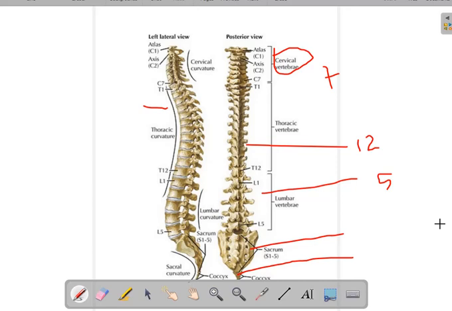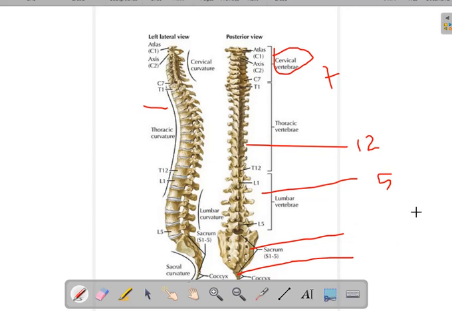This is the vertebral column formed from 33 vertebrae, 7 cervical. They are named according to the regions where they are present. 12 thoracic in the thoracic region, 7 cervical in the neck region, 5 lumbar in the lumbar region, 5 sacral, and coccygeal.